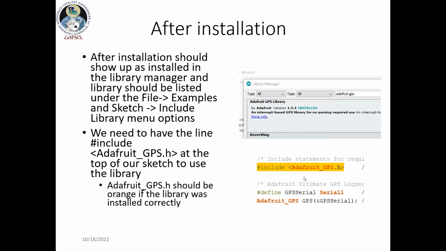If the library is installed correctly and you have typed the name of the library correctly, it should look like this here, where the text is orange. The yellow background is because I had it highlighted, but the important thing to look for is that orange text. If it's not orange, that means that either you've got the name of the library incorrect, or maybe it's not installed properly for one reason or another. Maybe you put the folder in the wrong spot.